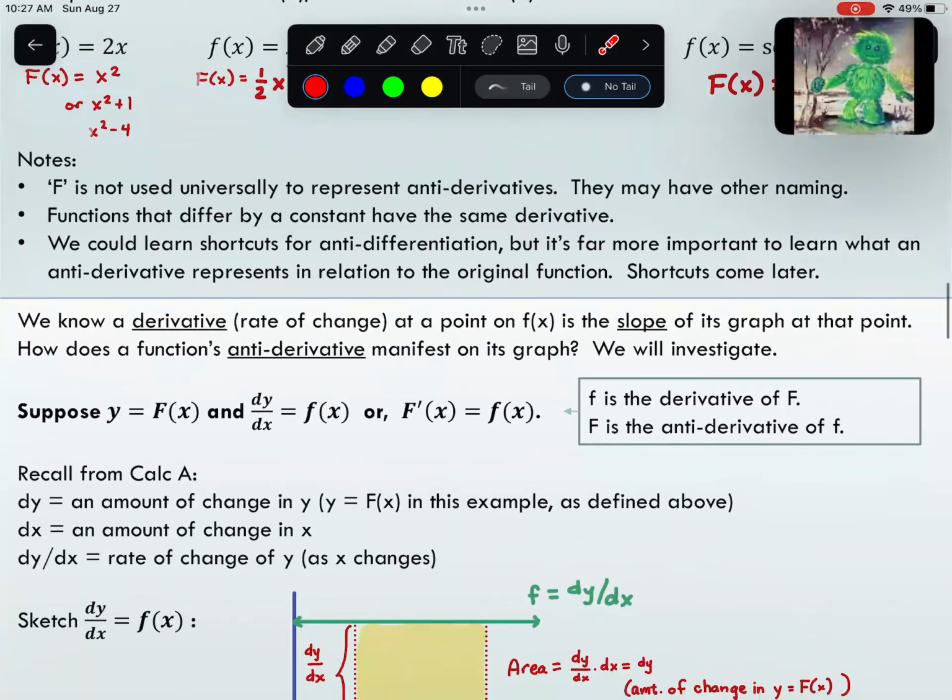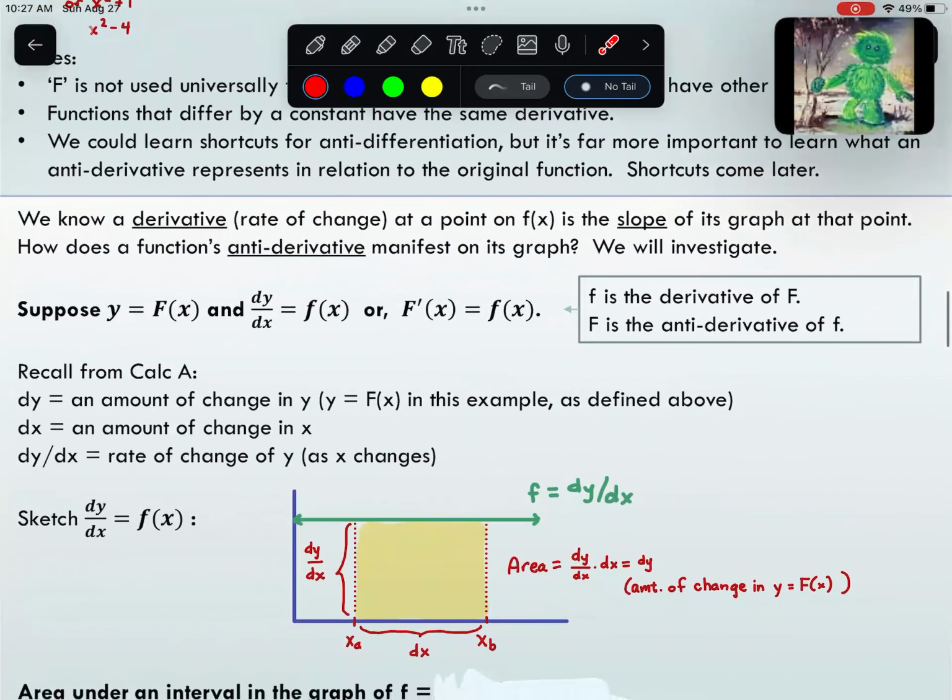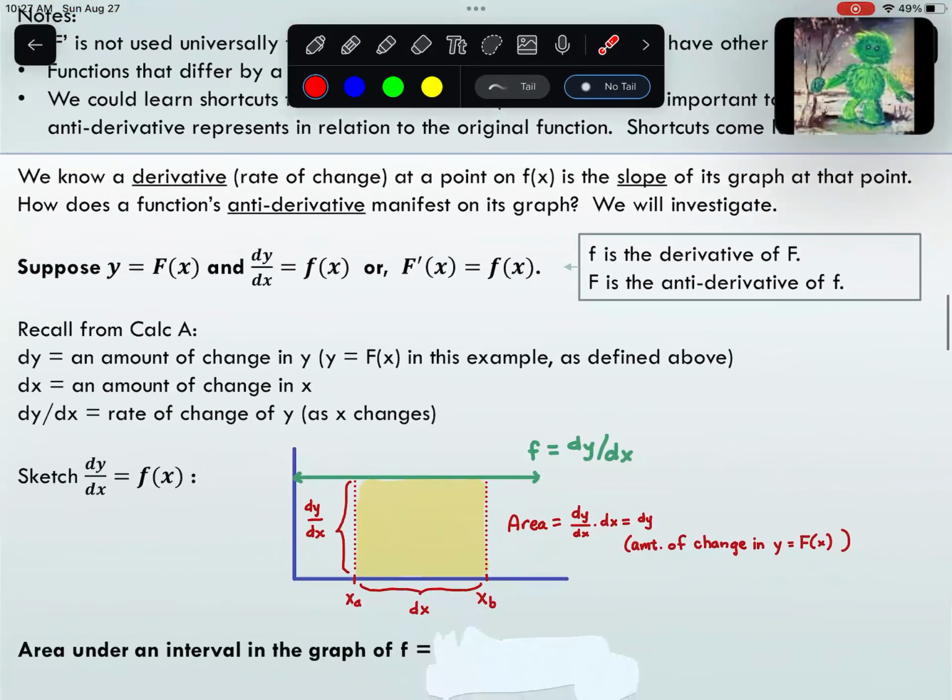We already know that a derivative is a rate of change at a point on f of x. It tells you the slope in the graph. What exactly does an antiderivative, how does that show up in a graph? That's what we're going to investigate here. And for this investigation, I've put in bold some given information.